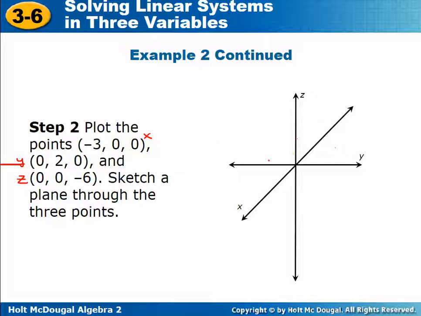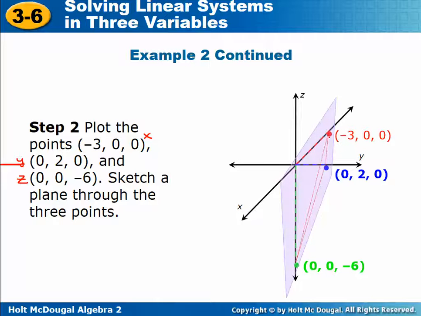You sketch them on this xyz coordinate plane. So the point -3, 0, 0, this one might be the most complicated. This is the positive side of the x, and this is the negative side of the x-axis. This is the positive side of the y-axis, and this is the negative, and this is the positive z, and this is the negative.